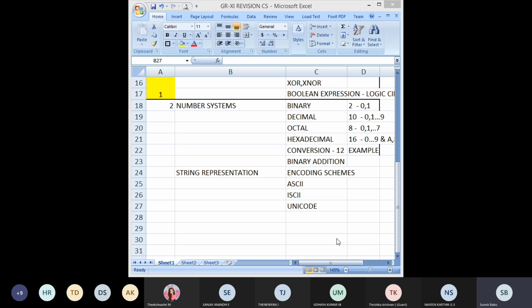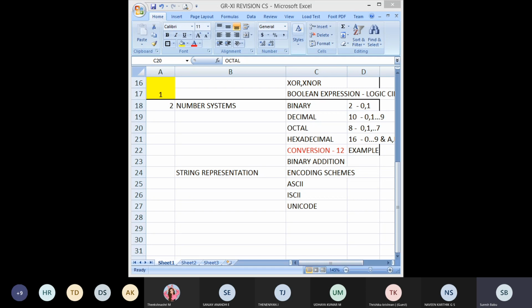But the second chapter is not a simple thing. There are a lot of things available for conversion. You should know about every conversion, that is binary to the other three number systems, decimal to the other three, and octal to the other three. Like this, you should know everything.